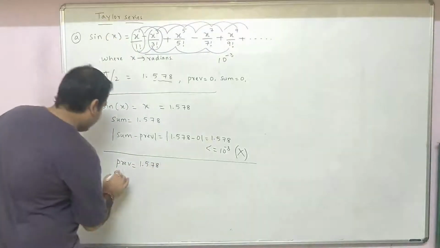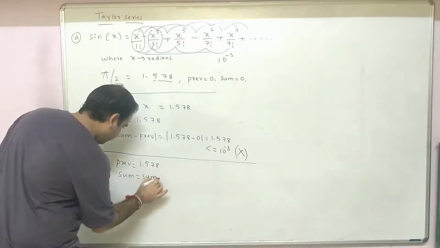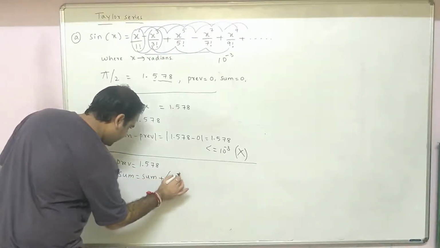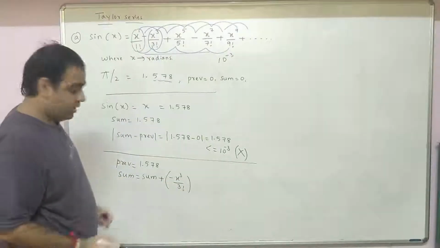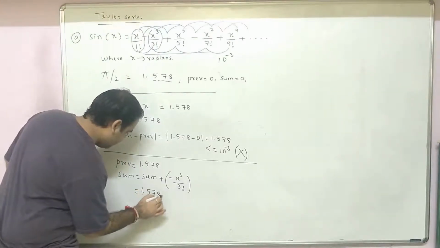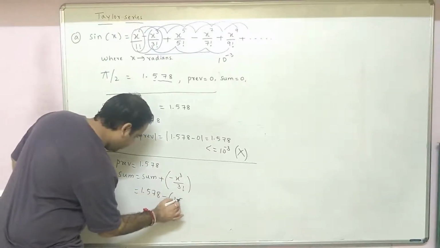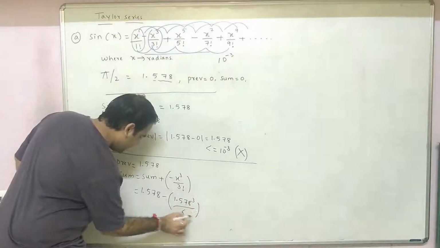And we compute the next sum: sum is equal to sum plus minus x cube by 3 factorial.